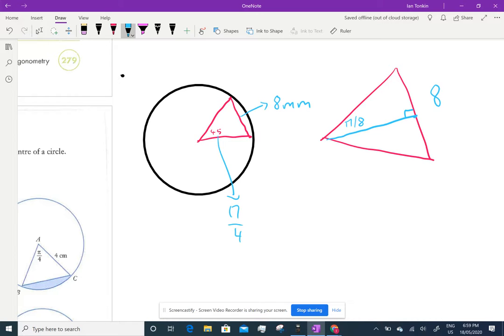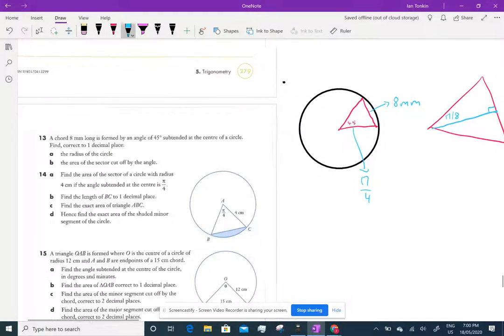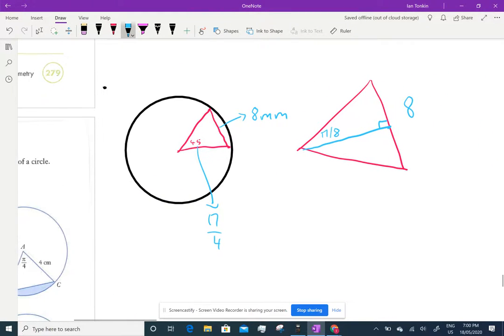Because it's an isosceles triangle, I swear I did this one in a previous video. All right. Because it's an isosceles triangle, it cuts this in half. So that's 4 and that's 4. That's pi on 8. I need to find this because that's the radius.